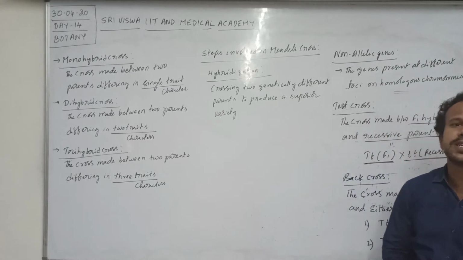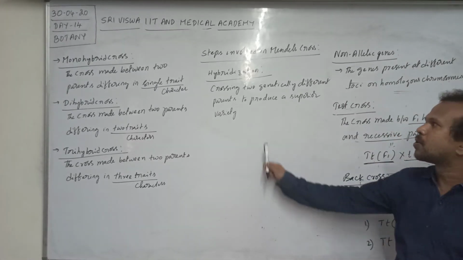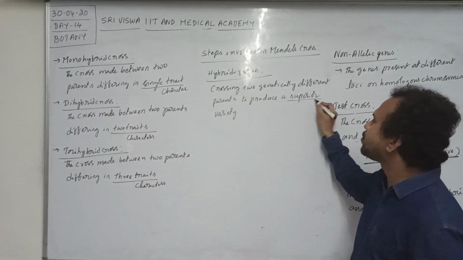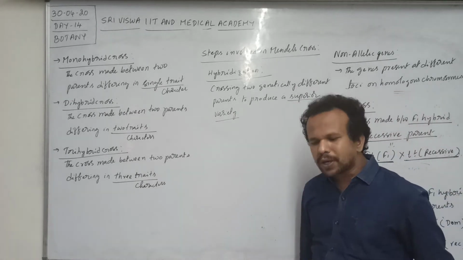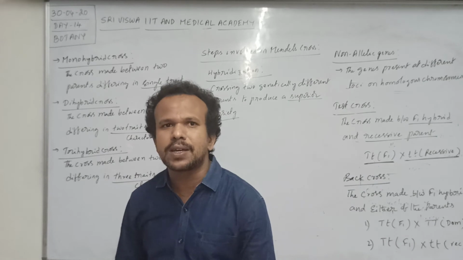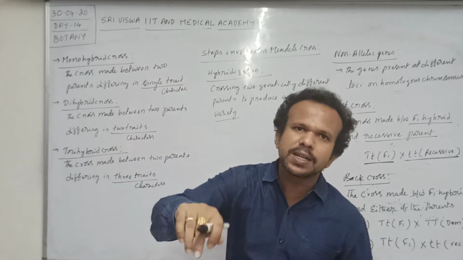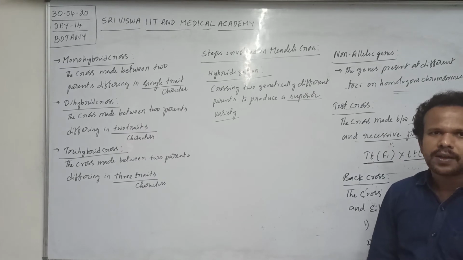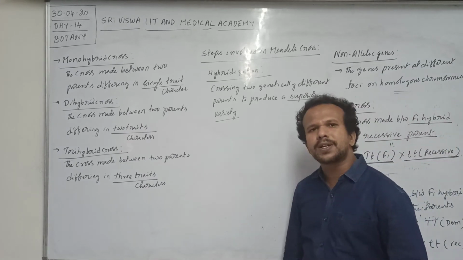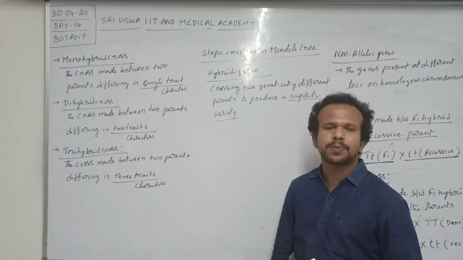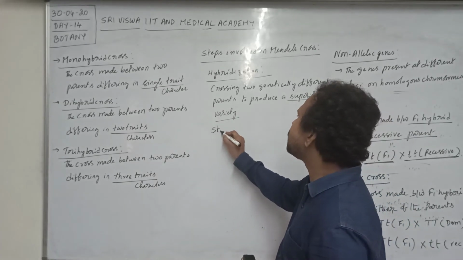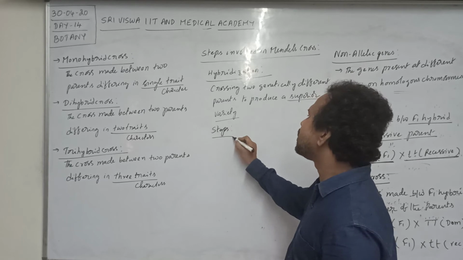Simply, production of a superior variety by crossing two genetically different varieties is called hybridization. Hybridization plays an important role in crop improvement and plant breeding programs. Then what are the main steps involved in hybridization?